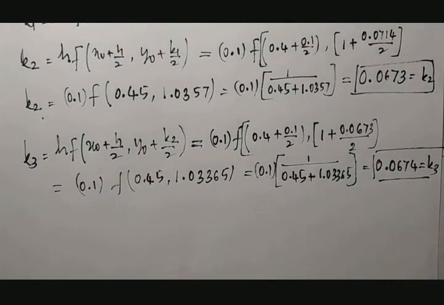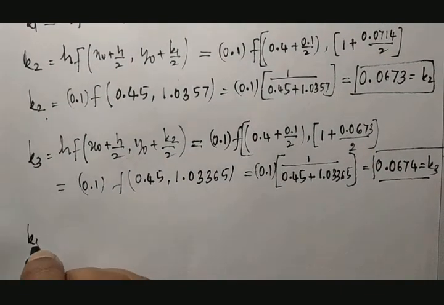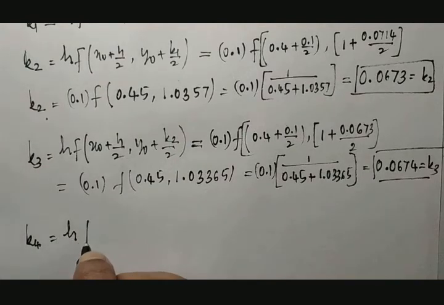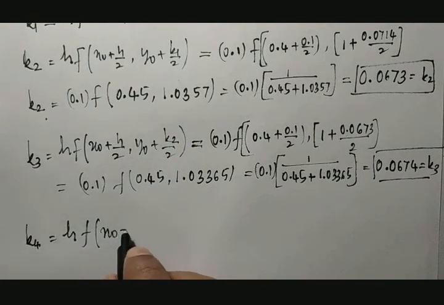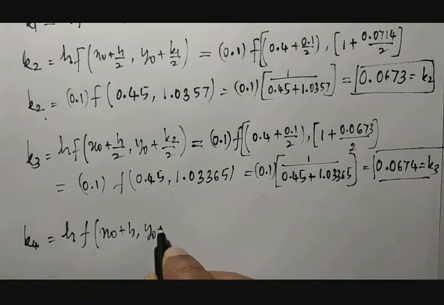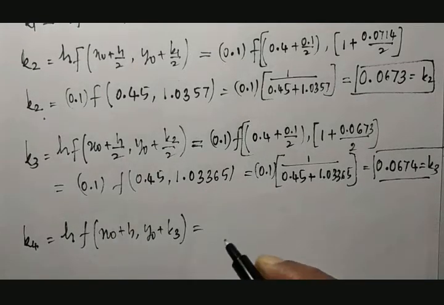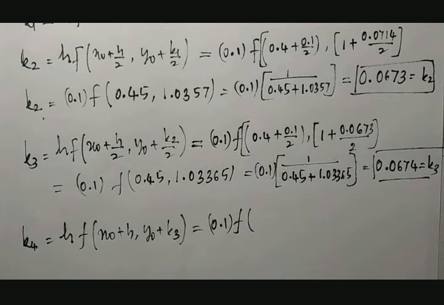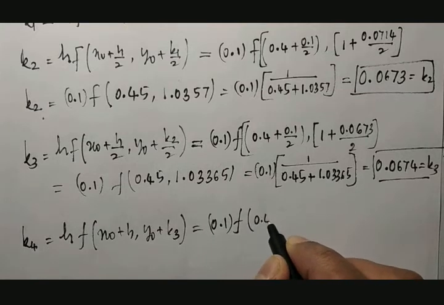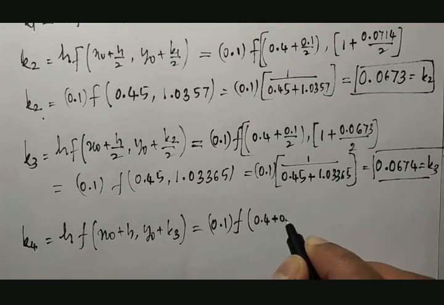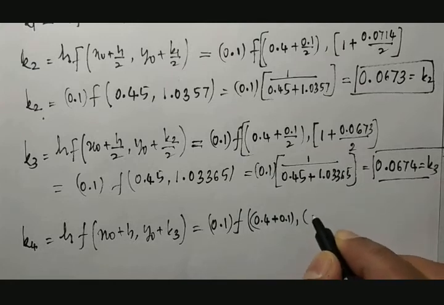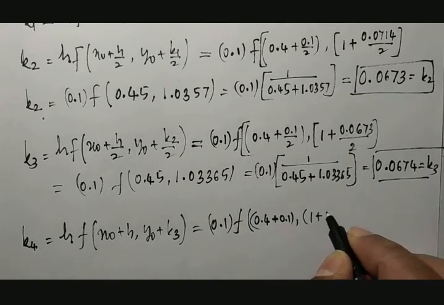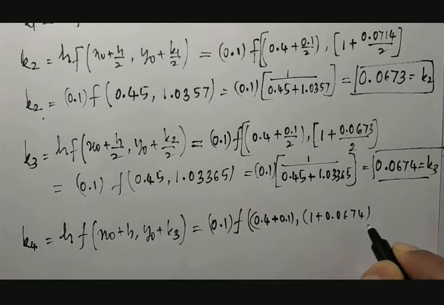Fine. Then K4. K4 is h into f of x naught plus h, comma y naught plus K3. This is the formula. Okay. 0.1 into f of x naught, which is 0.4, plus h, 0.1, comma y naught, 1, plus K3, 0.0674.